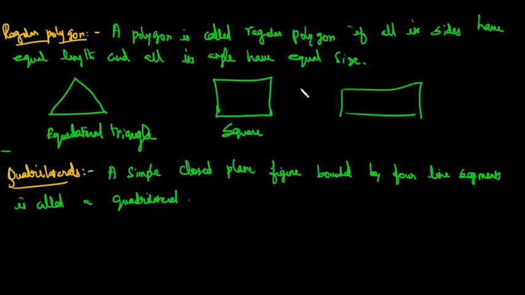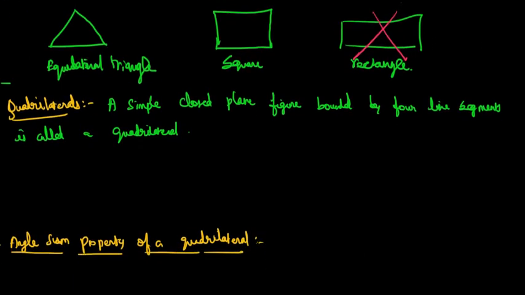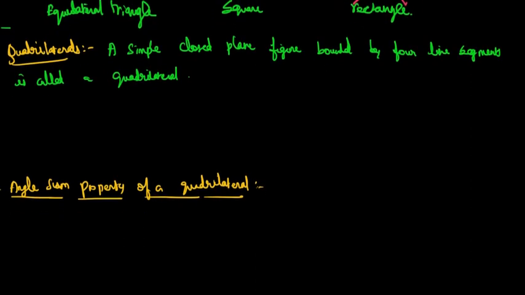Rectangle cannot be a regular polygon. What about a pentagon? If in the pentagon all the sides are equal, then you can call that a regular polygon.